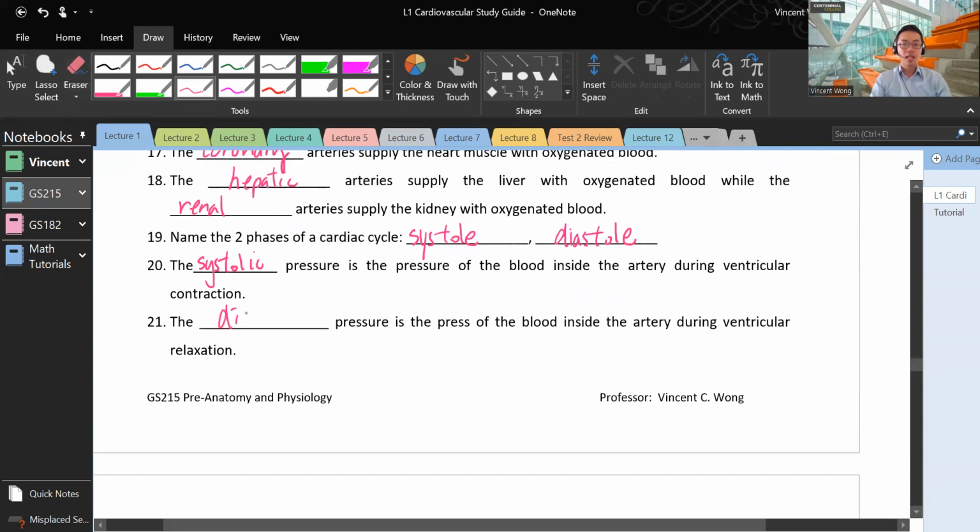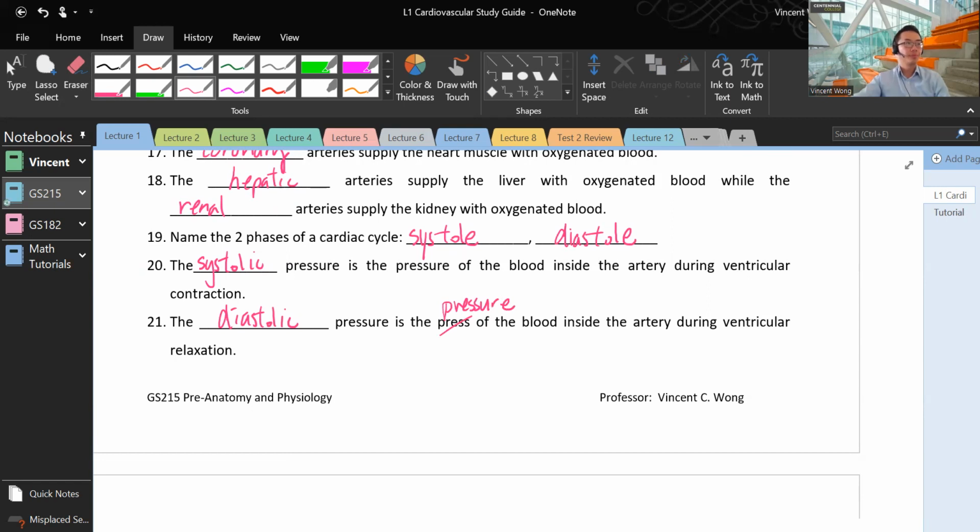And then we have the diastolic pressure, the 80 mmHg. That's it for the fill in the blanks.